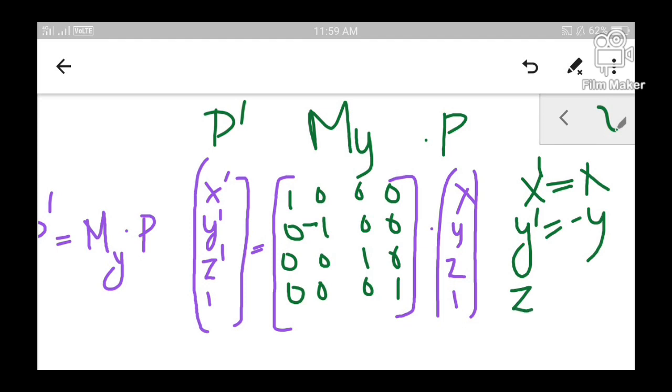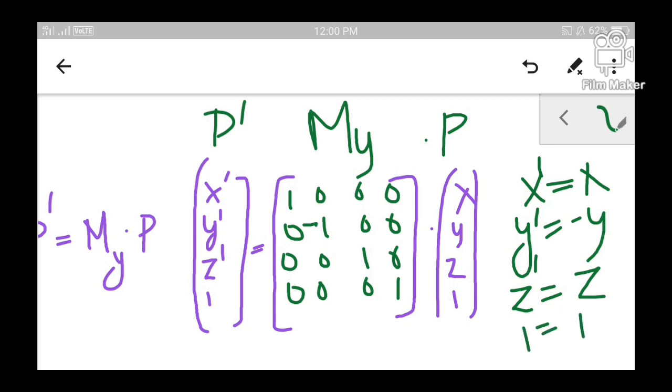You will get z dash is equal to z. What about the last row? Except 1, all other terms will be multiplied by 0. That is, x is multiplied by 0, y is multiplied by 0, z is multiplied by 0, except 1. 1 will be multiplied by 1 to get 1. So the last equation which we will get is 1 equal to 1.